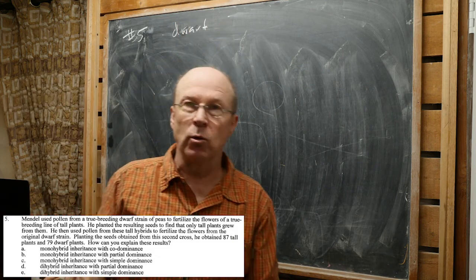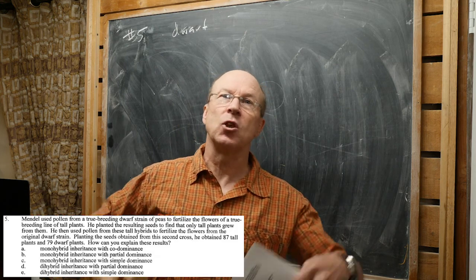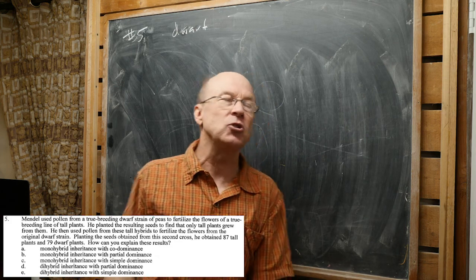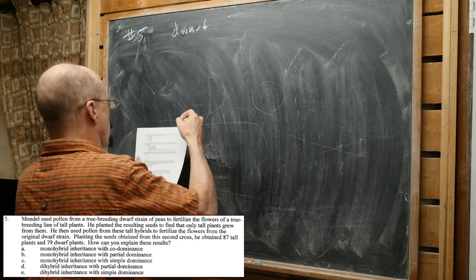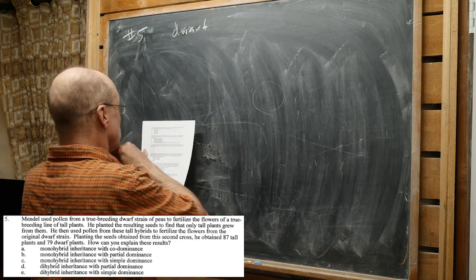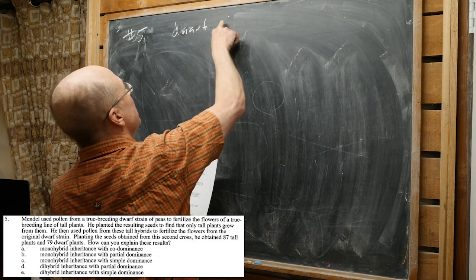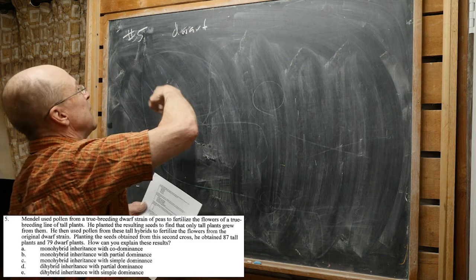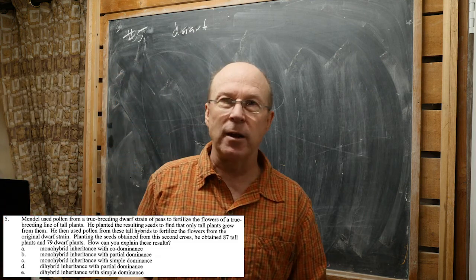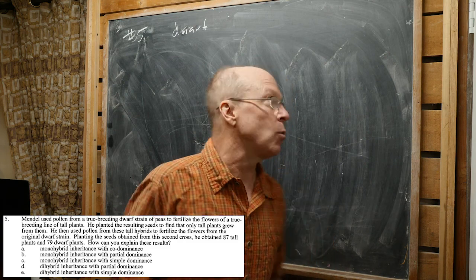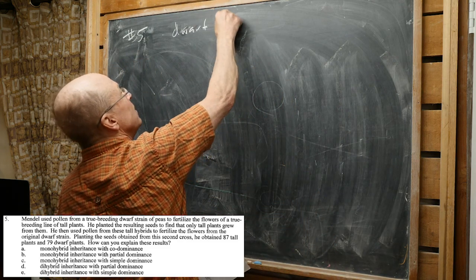True breeding equals homozygous, so it's really good for us to use Mendel's language and be familiar with it and how it relates to the modern language. So dwarf strain, true breeding. We're probably going to keep consistent with what we've read about before. These were peas. We already did a pea question, so we already know that dwarf was little t.